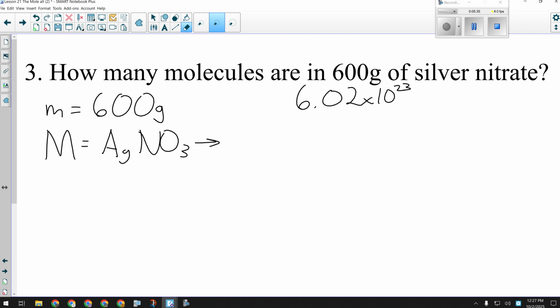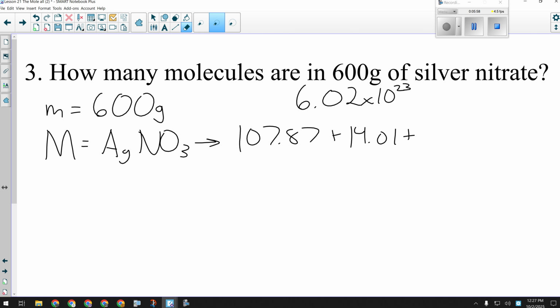Silver's a +1, nitrate's a -1, so that compound is okay the way I have it written right now. So I've got to calculate my molar mass. That's what we learned to do yesterday. So for silver, that's 107.87 plus how many nitrogens? Just one? Yeah, so 14.01. And how many oxygens? 3.